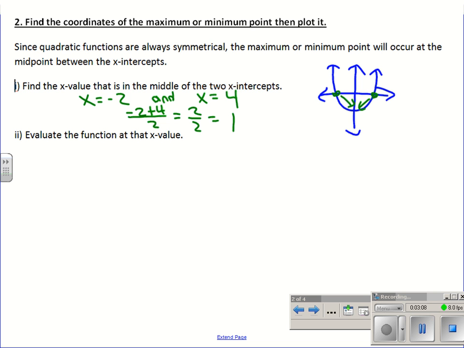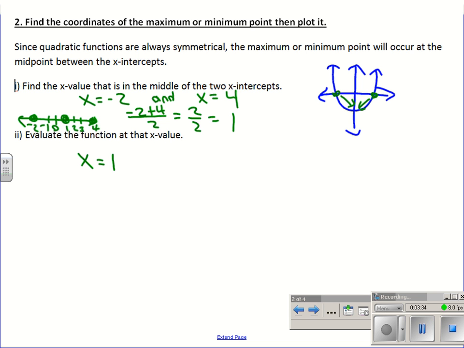And we could also tell that from a number line. If we think about the x-axis, 0, 1, 2, 3, 4, negative 1, negative 2. In between these 2 points is 1. So that tells us that the x value of the minimum or maximum point is x equals 1.